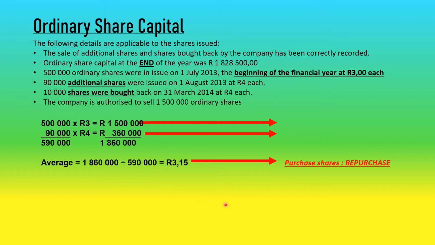Remember, the only time you use an average price is when you are repurchasing shares. In other circumstances, you would always use the price they give you. So when you're selling the share, you would use that price in your ordinary share capital account. It is only when you're repurchasing the shares that you would repurchase at an average price.